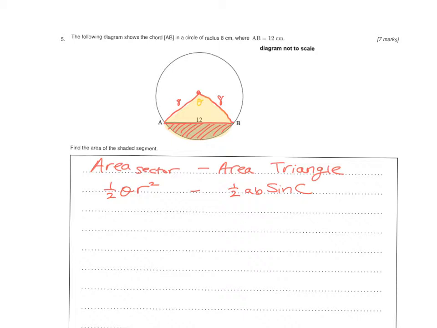So when we look at this, we can tell that we have the radius, we don't have the theta. We have the two sides, 8s, but again, we don't have the angle between them, the theta. So really, our job is we have to find theta.